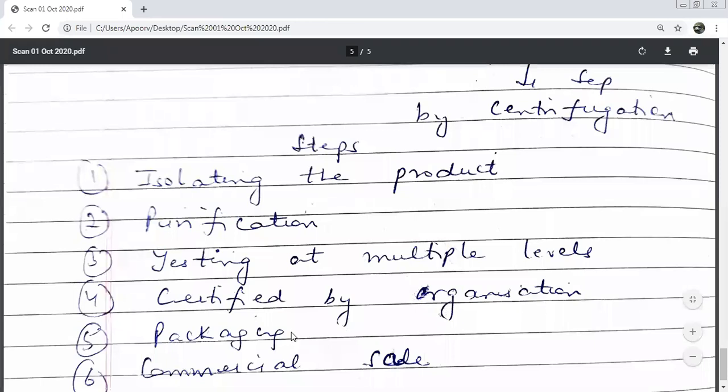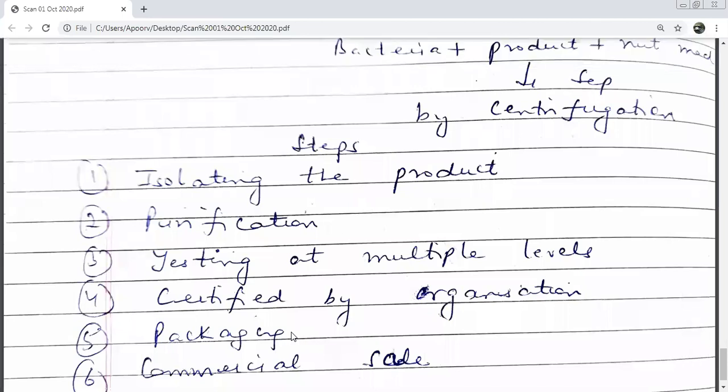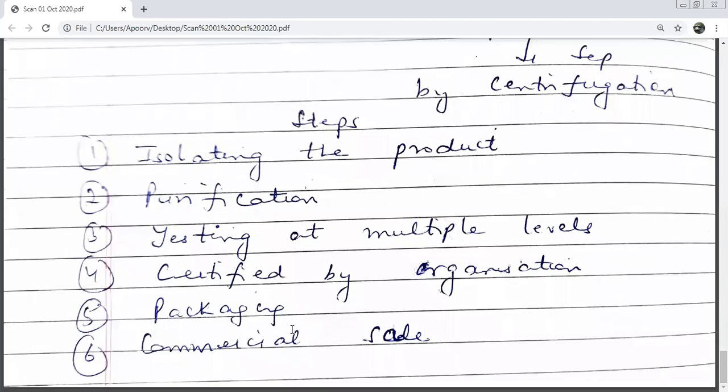Then, beta, packaging. Once you get a certificate that yes, your medicine is approved by this organization, then you will package it, and then commercial sale, it will be available. All these 6 steps here are known as downstream processing. Together, what do we call these processes? Downstream processing. Yes. Let me define it, beta. It's very simple.